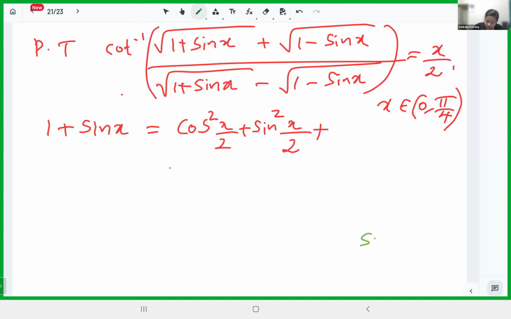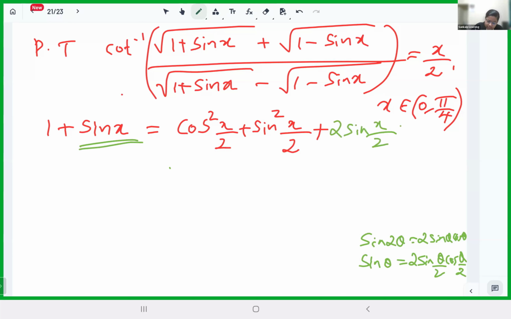Making it a half angle, the half of angle x is x by 2, so sin x can be written as 2 sin x by 2 cos x by 2.